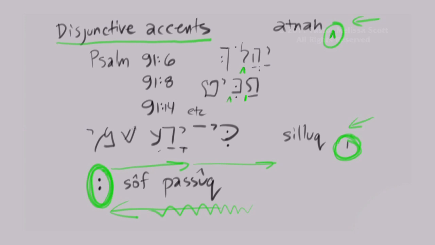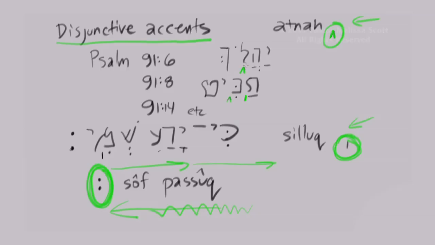We read through this: because he knows my name. And you'll see the line will occur right here. It is on the last syllable. The Silluq is on the last syllable of the last word, and then the end of the sentence occurs. So it helps to identify what's in the text.